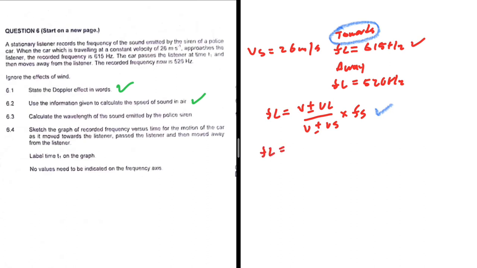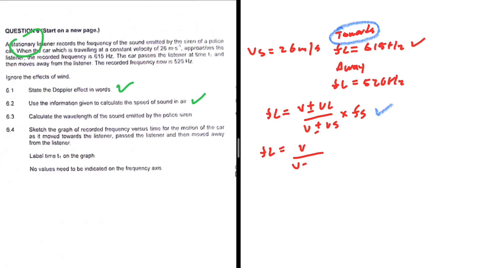fL is equal to v. The listener is stationary, so we just have v divided by v plus or minus vs. So we have v, the speed of sound in air, which we're trying to calculate, and then vs, that of the source. The source is moving towards, right?